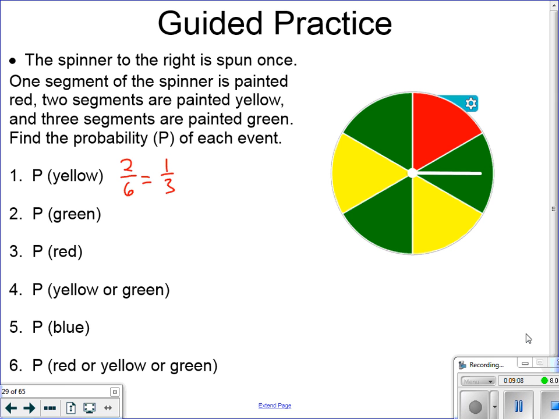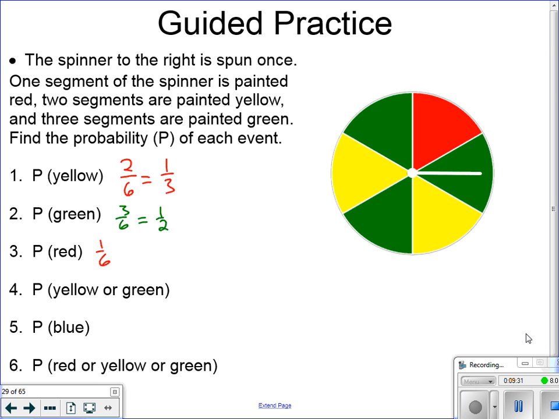So next one, green. Green, we have 3 segments, and there are 6 of them. 3 out of 6 will reduce to 1 out of 2. Red, well, there's only 1 red segment out of the 6, so that's 1 out of 6.